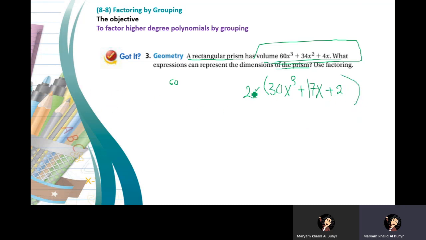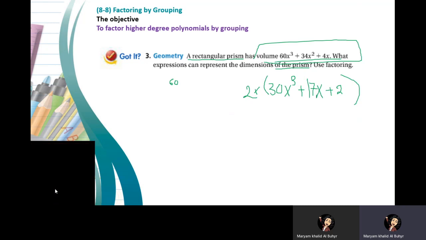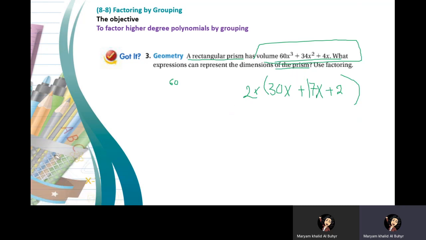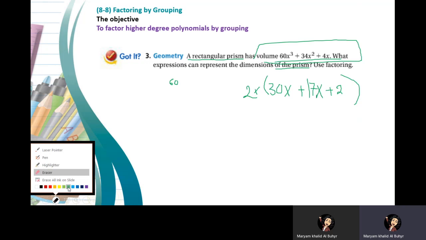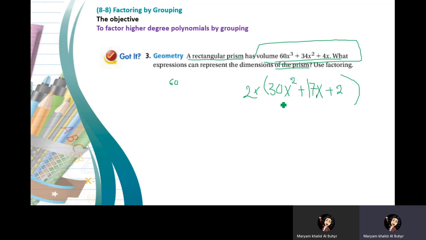Great. Now I will go back, that is 2. Again, I'll go back to the previous lessons. What is AC? AC gives you 30 times 2, which is 60.